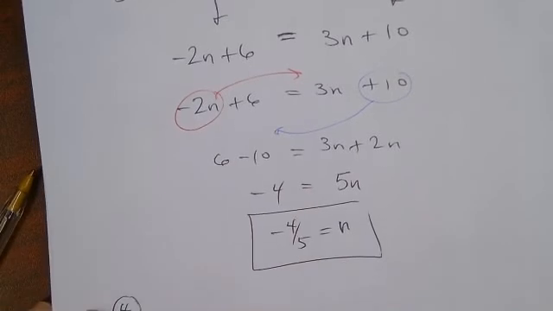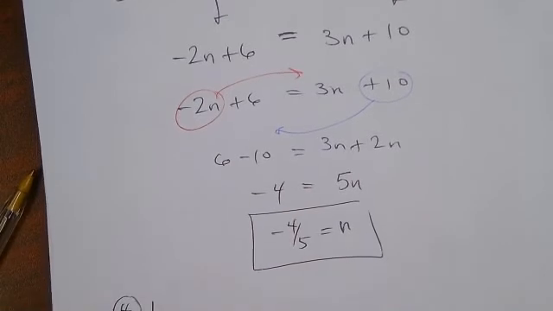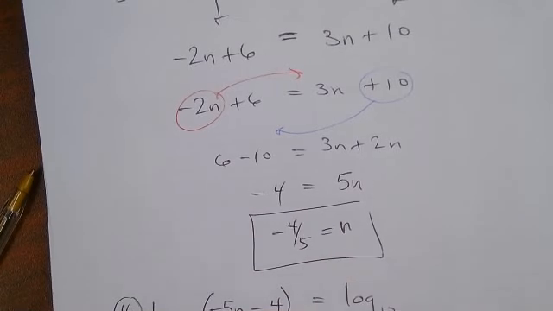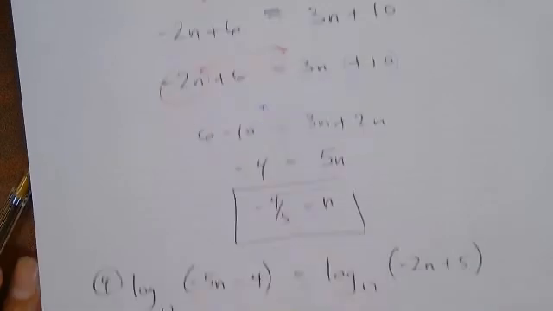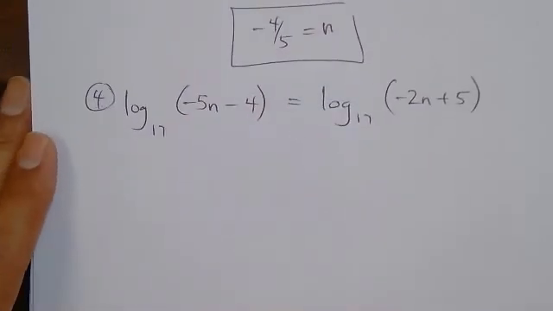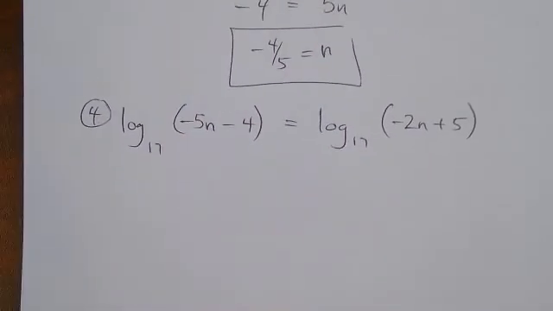Okay. Last one of these easy ones, number 4. Again, they look intimidating, but you could see that the math is pretty basic, right? All right, go ahead and try this.